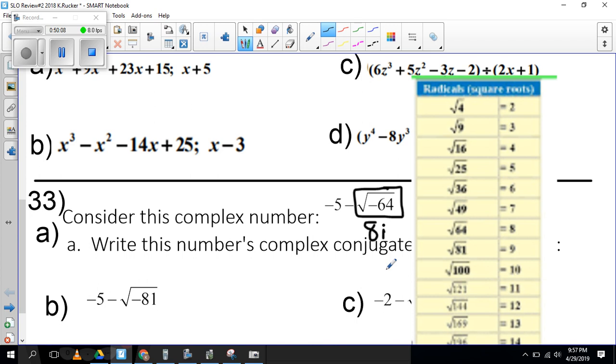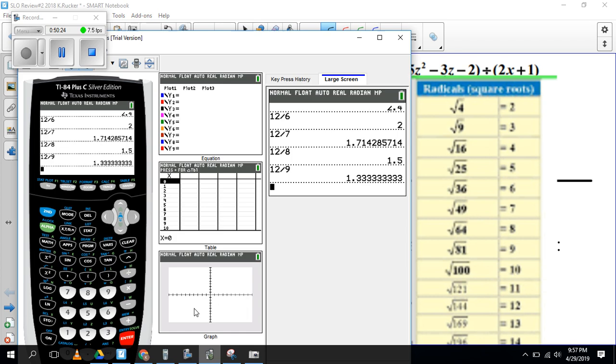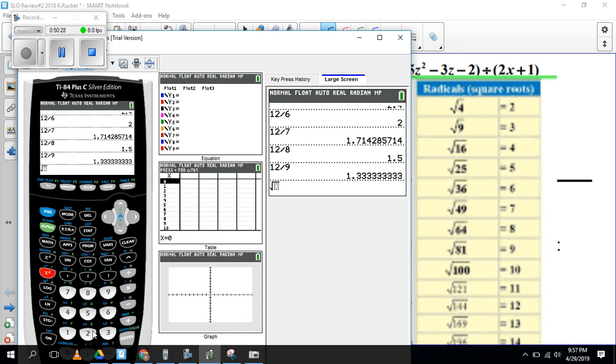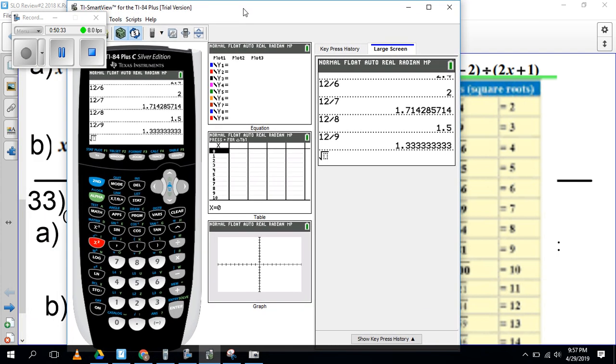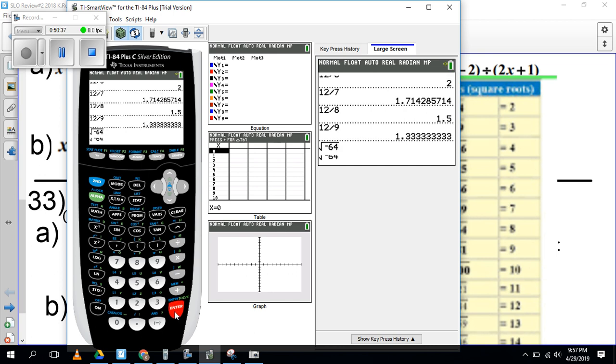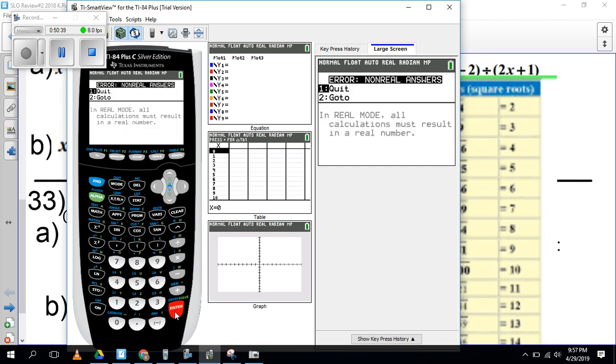So basically what I did first is I looked down there, or you can put it in your calculator. If you tried to do the square root of negative 64, it would give you an error. So let me show you. If we do second square root of negative 64, see, it won't let me do it.